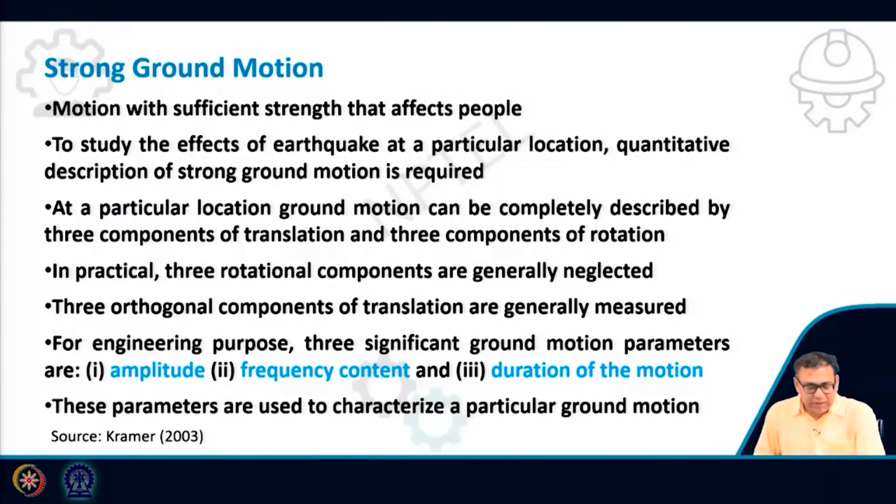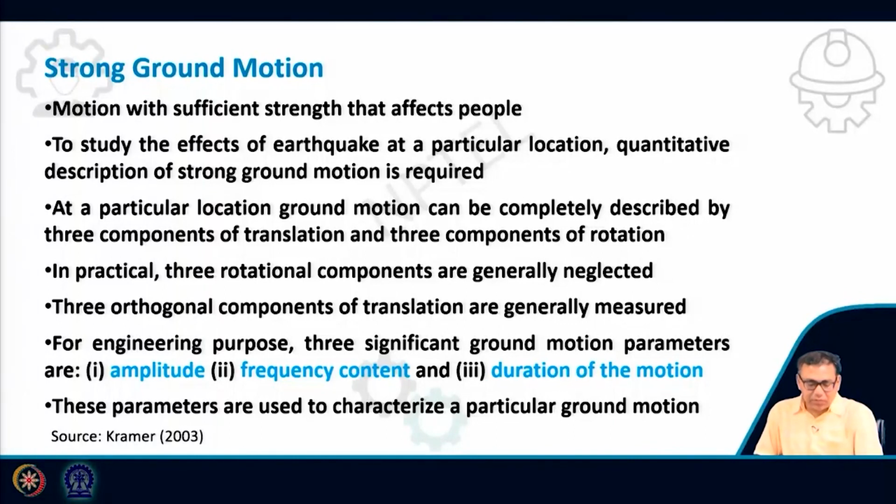Now to study the effects of an earthquake at a particular location, a quantitative description of strong ground motion is required. So to study the earthquake effect on a particular location, you need to quantitatively describe the strong ground motion.